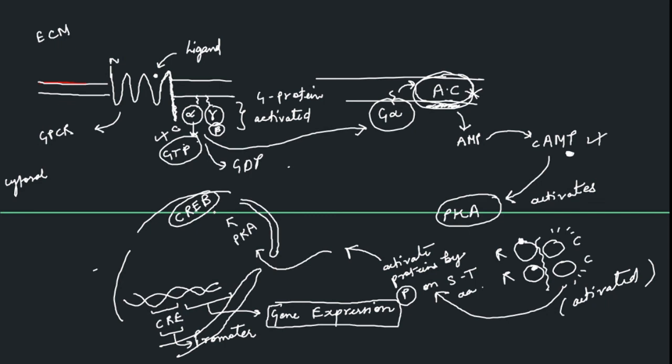So once this PKA interacts with this CREB, it phosphorylates the CREB on serine threonine residues. And once the CREB protein is phosphorylated on serine threonine residues, it will get activated, and then this activated CREB protein is going to bind on the promoter element and lead to the expression of genes expressed in response to cyclic AMP signaling.